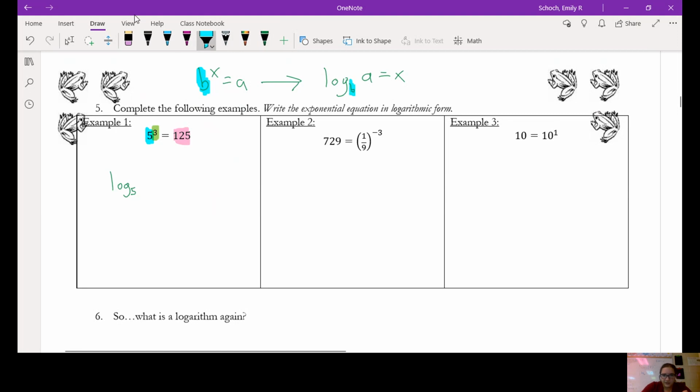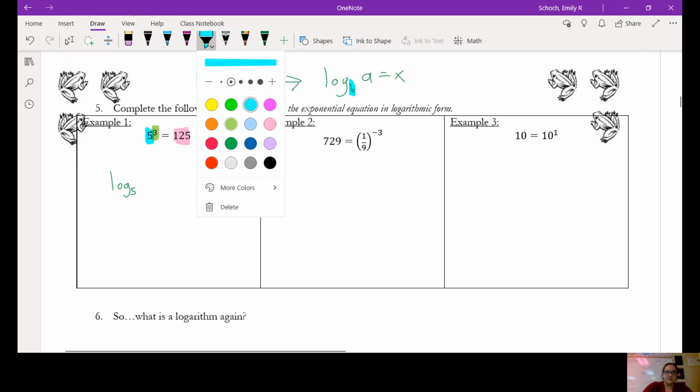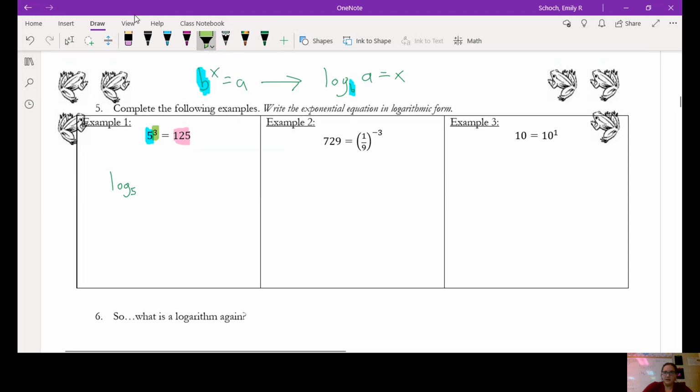So that's our base. Then the next thing that we have in our exponential expression is the exponent. We have the 3. That's the exponent, and the exponent is what a logarithm equals. So I'm going to leave some space here and say it's going to equal my exponent, which is 3.